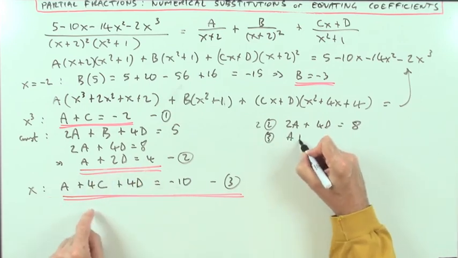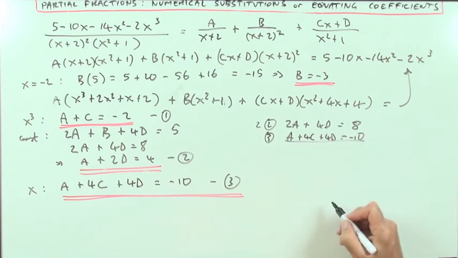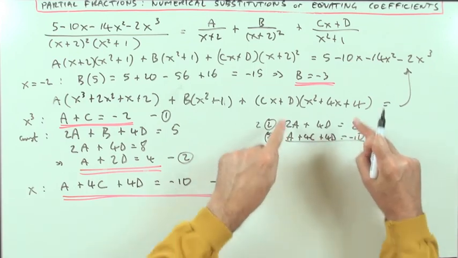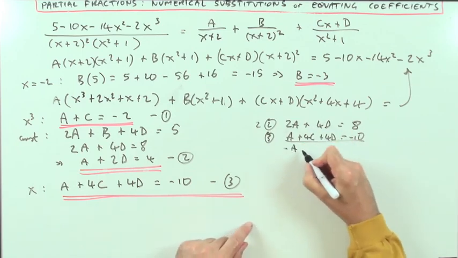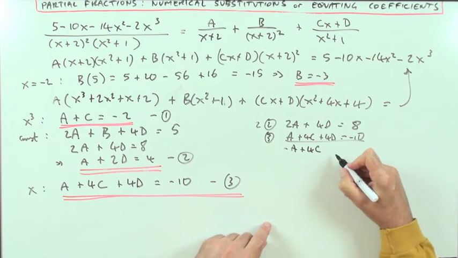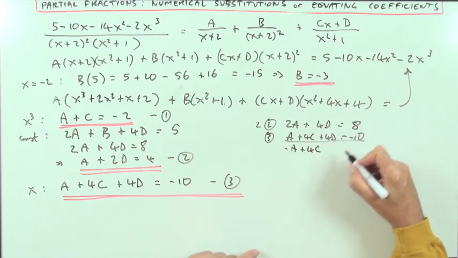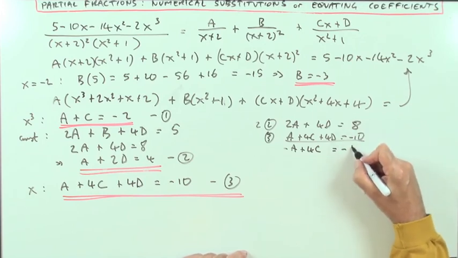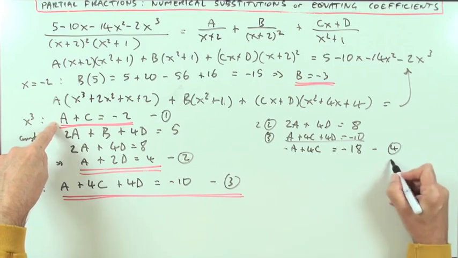Leave this alone, a plus 4c plus 4d is negative 10. And then I'll do the bottom take away the top in this case. So I've got negative a plus 4c, and that disappears, and what was the bottom take away top, so that'll be negative 18.